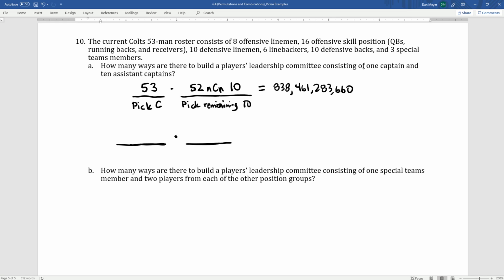Anyways, we could pick the committee first and then choose a leader. Once we pick the committee, that would be a 53 choose 11 type situation. Once we've picked our committee, though, there's only one of those 11 people that we can take to be our captain.